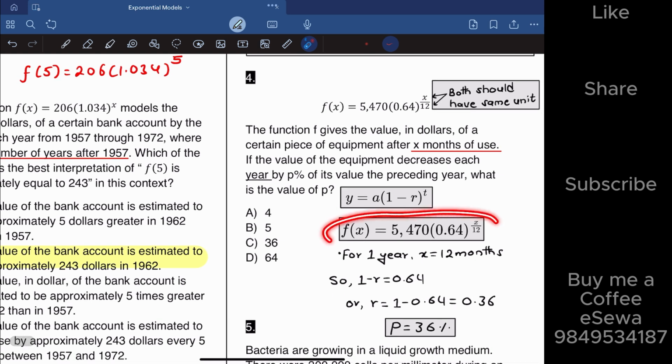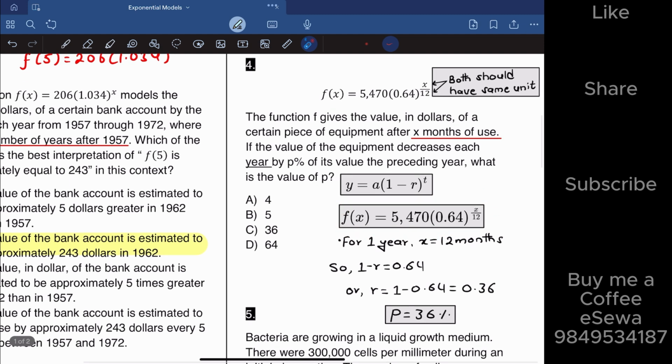Now let's look at our equation carefully. So this is our equation, correct? And we have to understand, to find this r, this will represent the decreasing rate for 1 year, if the power represents 1 year, right? So for 1 year, since x is in months, the value of x is 12 months.